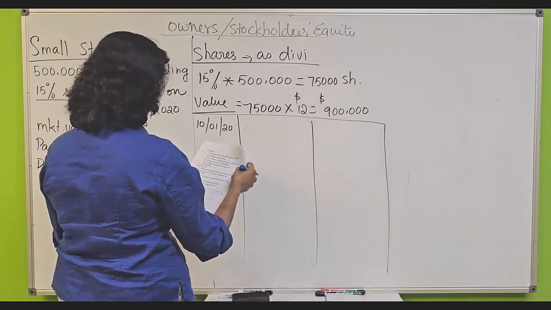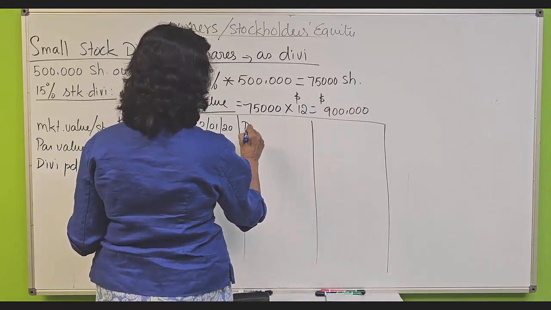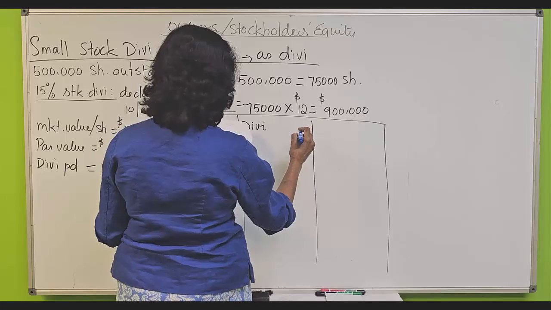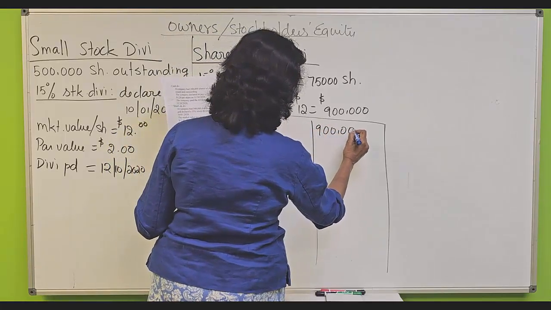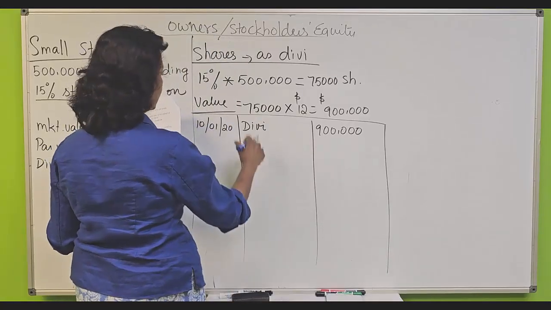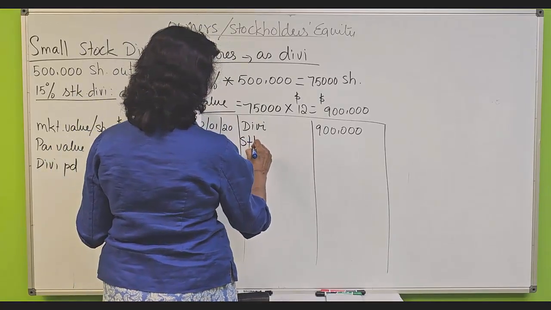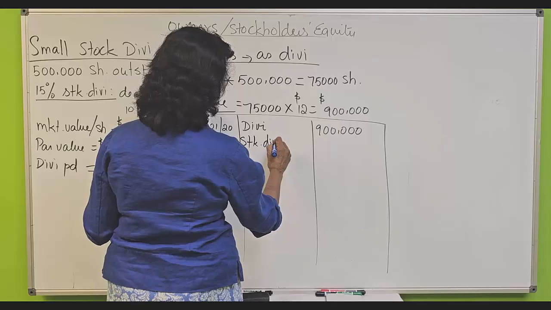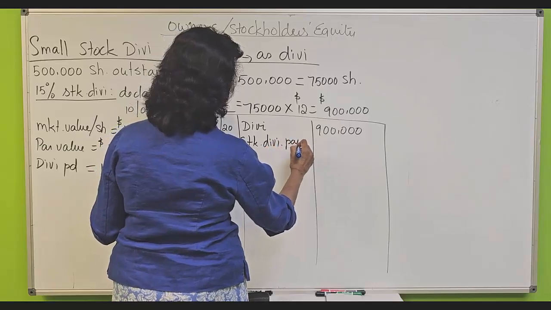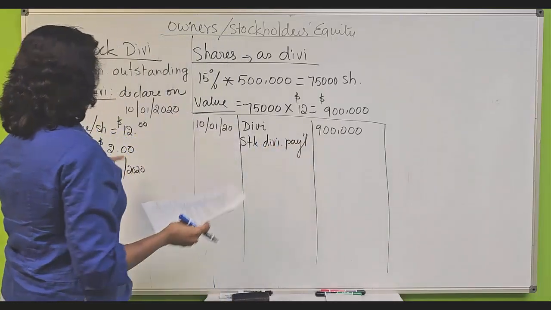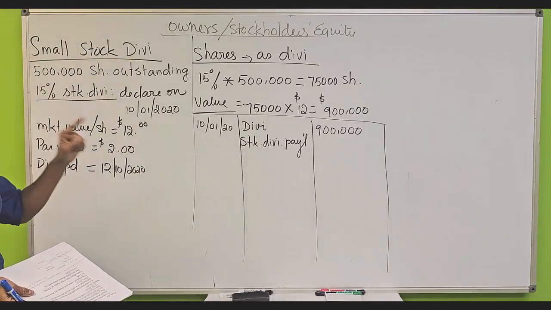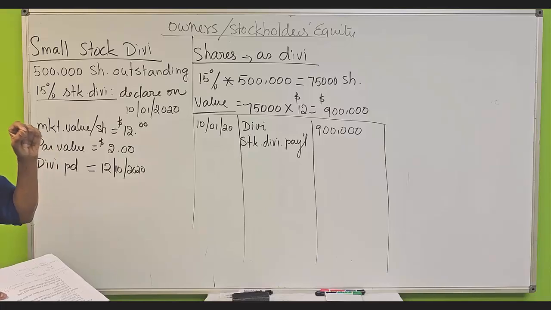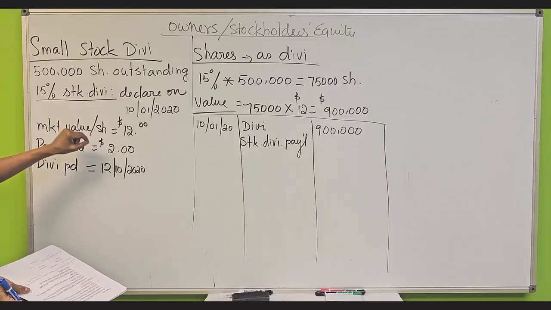So what you do is you debit dividends for $900,000 and you credit stock dividend payable. Now, the stock dividend payable should include only the total par value of the dividend shares.